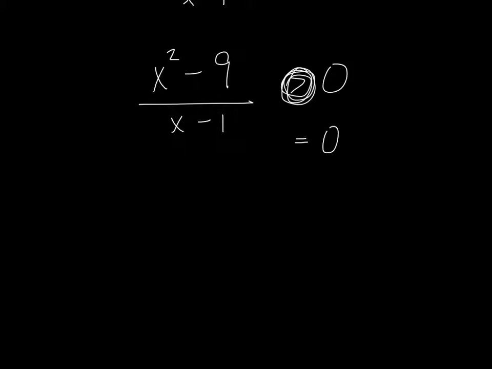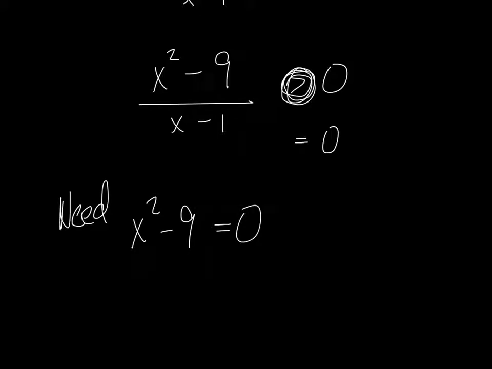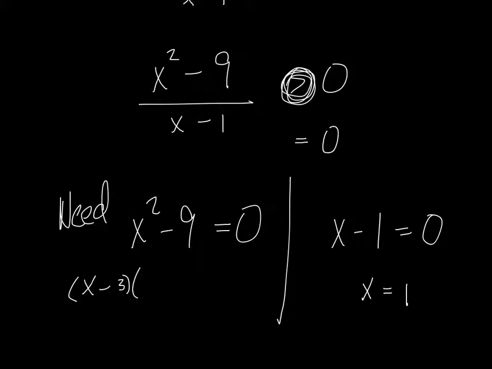So we have to solve x squared minus 9 equal to 0, and we also need to figure out when the denominator is 0. So x is 1, and x squared minus 9 gives 3, and negative 3. Proper technique says I factor the left-hand side.